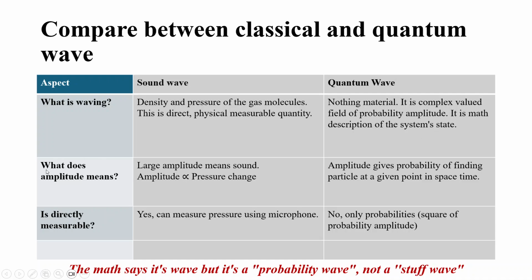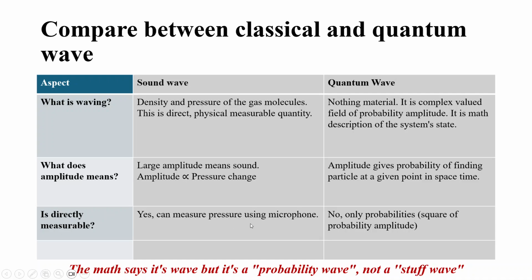Okay, so what does amplitude mean here? Large amplitude means large sound. So amplitude is here directly proportional to pressure change. Here we are considering the sound wave for the classical case. Now here, amplitude gives the probability of finding a particle at a given point in space time. Is it directly measurable?